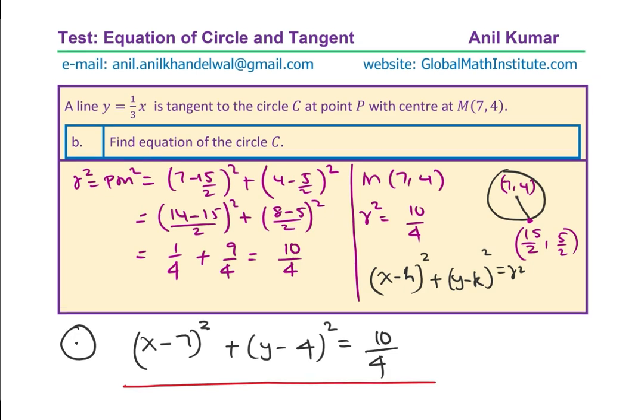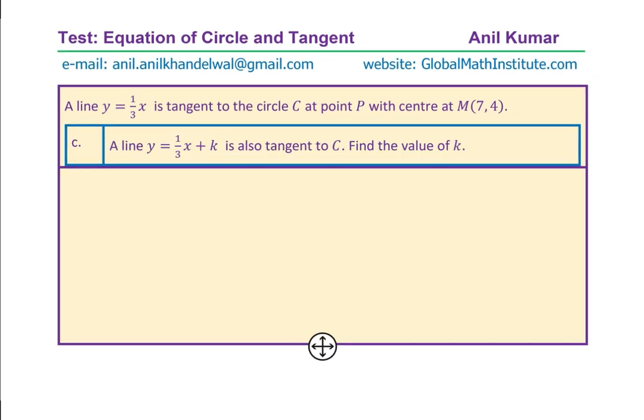Now let's look into part C of this, where the line y equals 1 over 3 x plus k is also tangent to the circle. Find the value of k. Now, how are you going to do this? Let's try to visualize. We have seen the circle, and from here we found that one line was tangent.